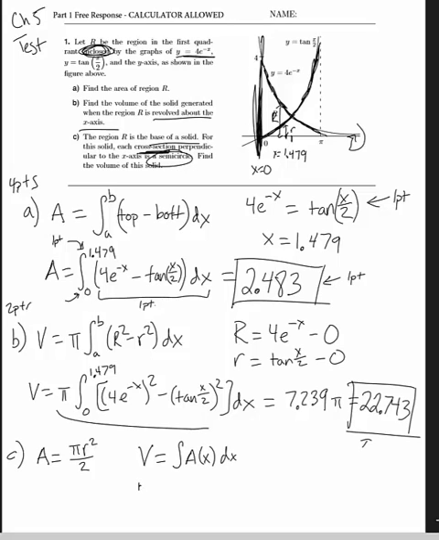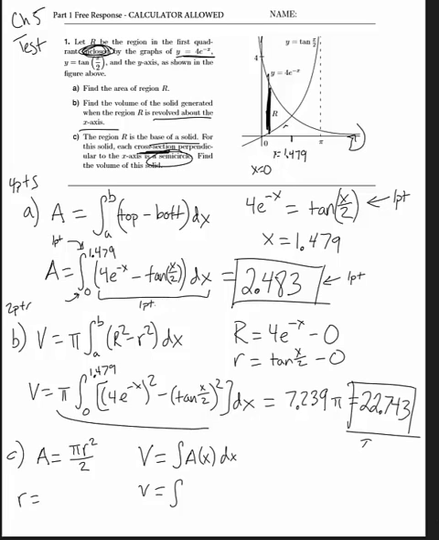We need to get our radius. This line that I just drew is going to be our cross section. All of these half circles are coming out, so this is actually going to be the diameter.